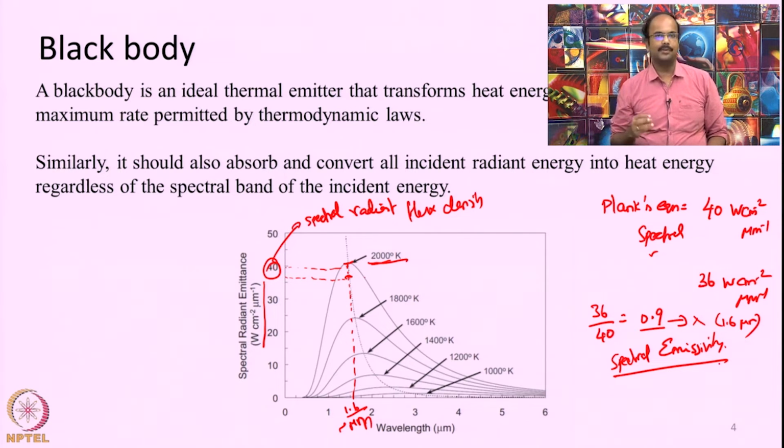So, this ratio is one of the important properties that we should know about all objects if we want to calculate the temperature of that particular object using remote sensing principles. Without knowing emissivity, we will be making errors in measuring the temperature of objects using thermal infrared remote sensing.